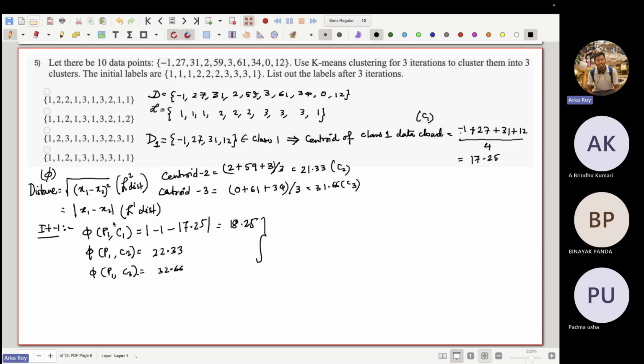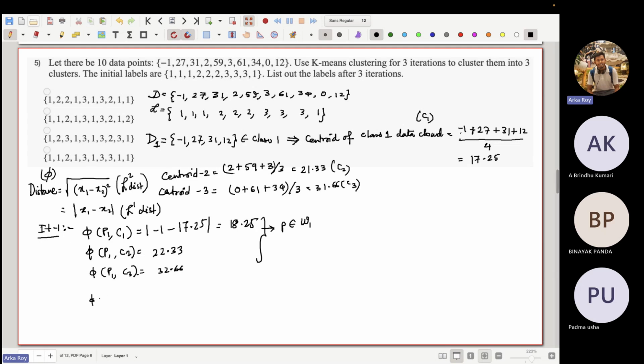From the distance measures, we can see that P1 is lying in the vicinity of C1, the centroid 1. Thereby I can say that P1 belongs to omega 1. Let us consider this 1 means omega 1.